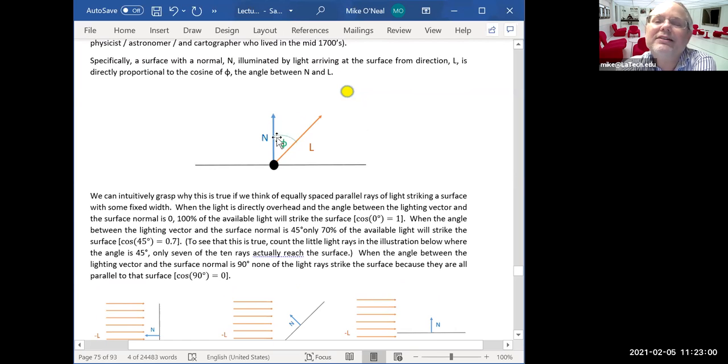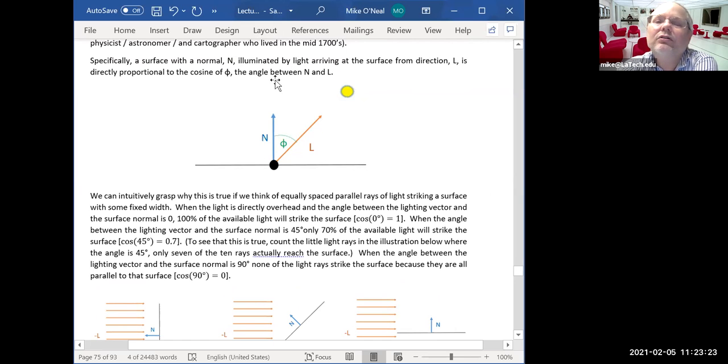The angle between them would be 0. Obviously, if the light is shining directly down on the surface and all the little light rays are parallel, because we're assuming the light source is at infinity, then 100% of the light would hit the surface and be reflected in all directions.